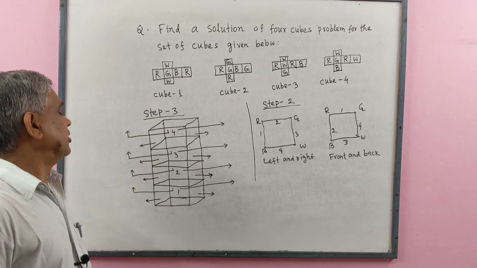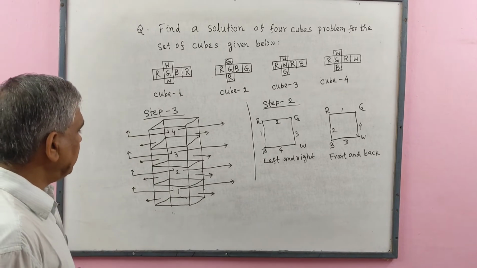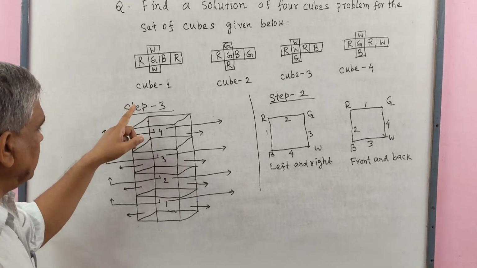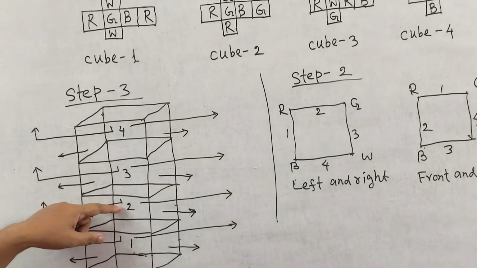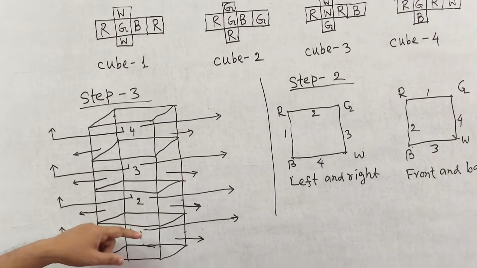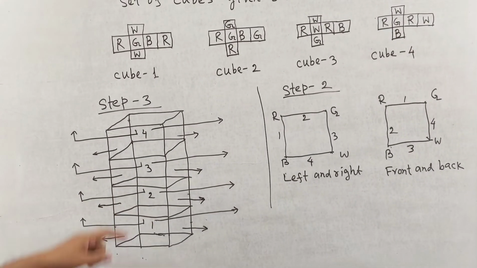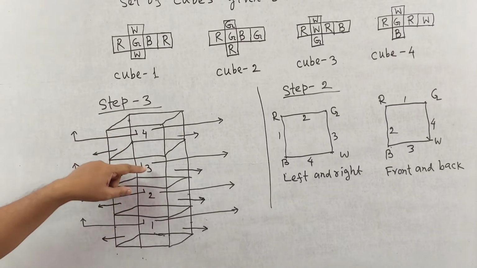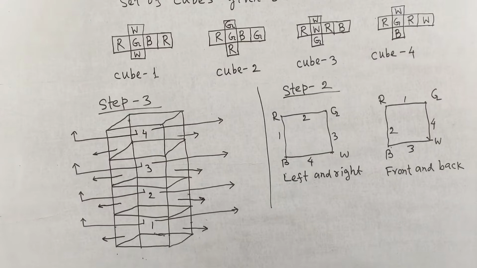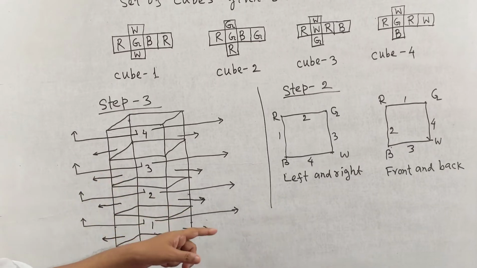Now step 3, in which we have arranged 4 cubes. Second cube is on the top of the first cube, third cube is on the top of the second cube, fourth cube is on the top of the third cube. Now we give colors on faces, left and right, front and back.